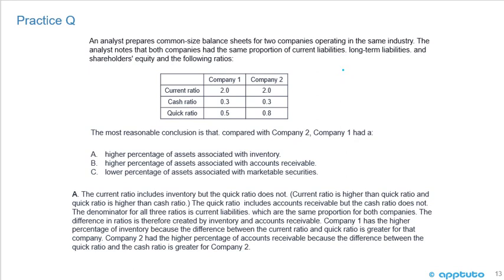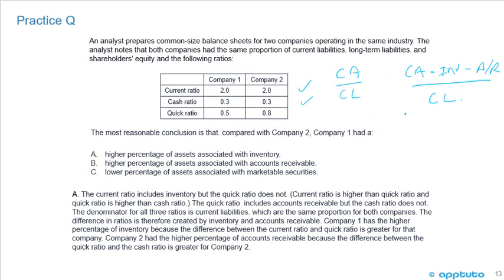So we know the current ratio is current assets over current liabilities, and they're the same for the 2 companies. We know that the cash ratio is the current assets, and I said minus, take out the inventory and take out the accounts receivable, divided by the current liabilities. And again, the cash ratio is the same for the 2 companies.